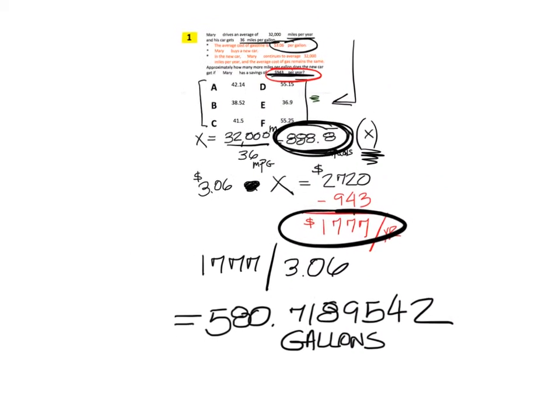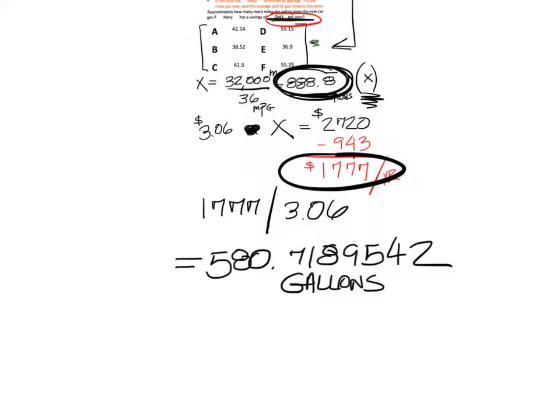All right. So now, with the number of gallons we have, what can we do next to find the miles per gallon? How many miles did she drive after she bought a new car? 32,000.